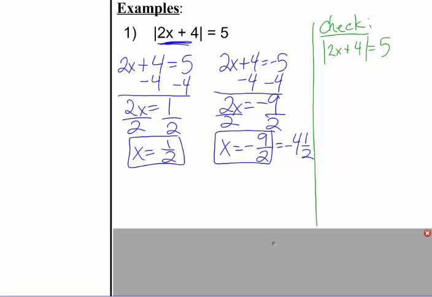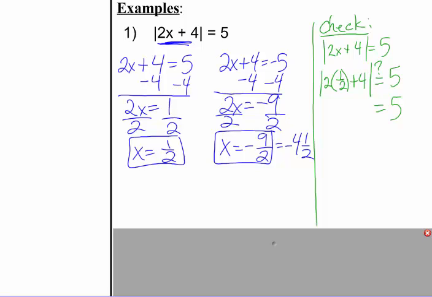So in the first case, the absolute value of 2 times 1/2 plus 4 equals 5. We're not sure if it equals 5 yet. You have to evaluate the left-hand side. You're not going to do anything with the 5. The 5 is going to carry down as we evaluate the left.